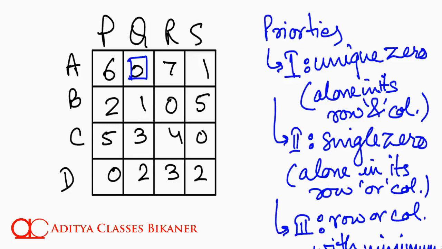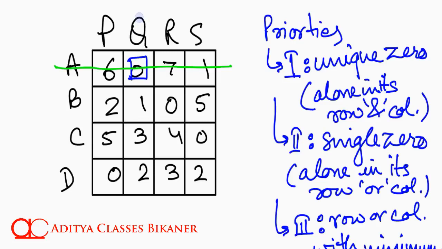This is my assignment. Now, because A could perform only one task and that task has been allotted as Q, A will not perform any task further. So I remove it from my calculations. Let us use some other color. A will not work anymore.